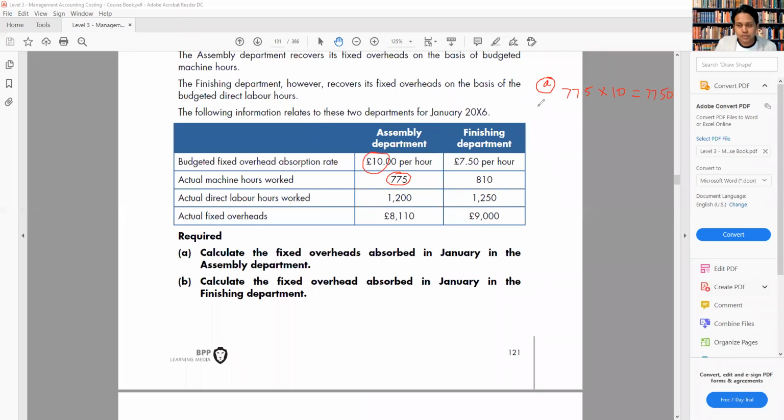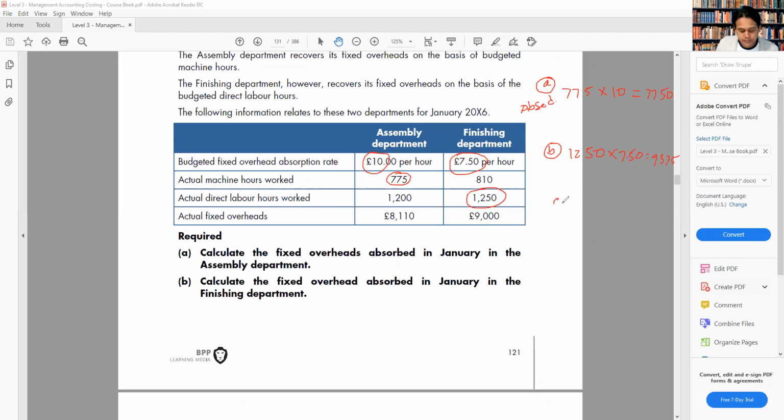So this is the one I absorbed. Number B, how much did you absorb for the finishing department? On the finishing department, it depends on the labor hour, so 1250, multiplied by 7.5 per hour. If I multiply that, that will give me 9375. Very well done. So this is also done.